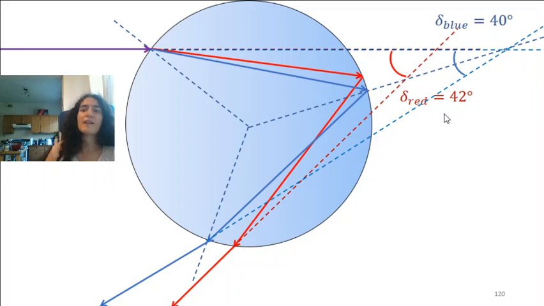It turns out that these angles could be anything, but the intensity of light that comes out of the raindrop is maximized for a particular angle, and it has a different particular angle for different frequencies.